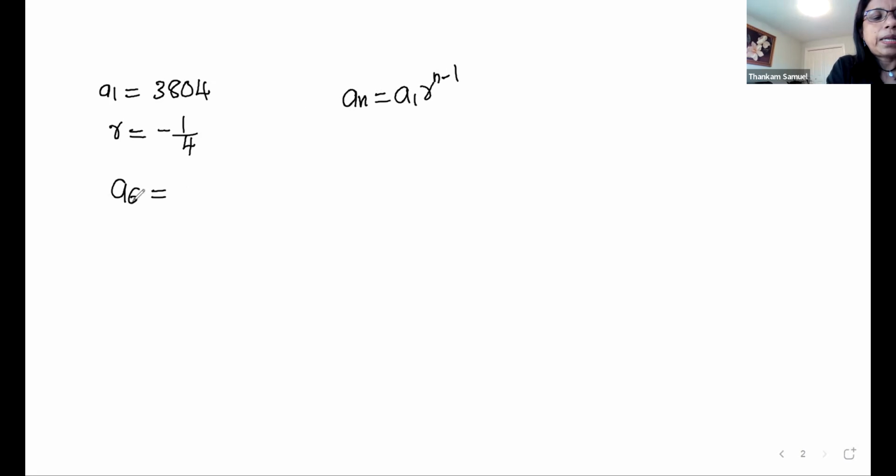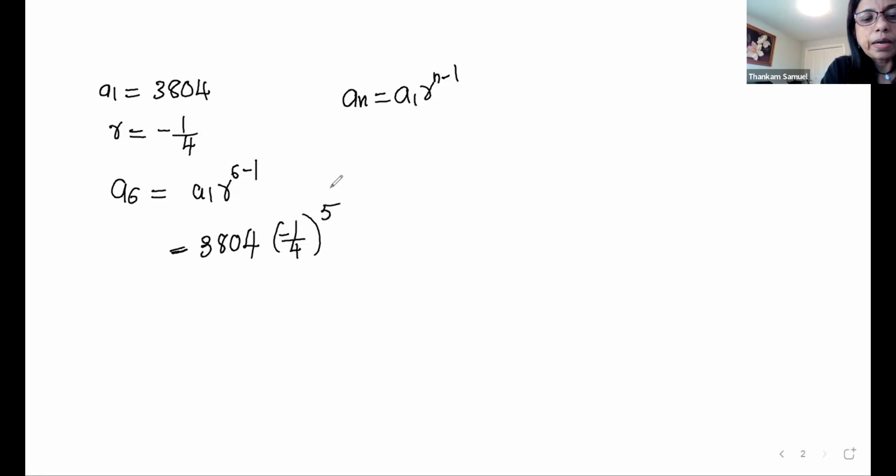To find the sixth term, a sub 6 equals a sub 1 r to the 6 minus 1. So a sub 1 is 3,804, r is negative 1/4, to the power 6 minus 1, that is 5.